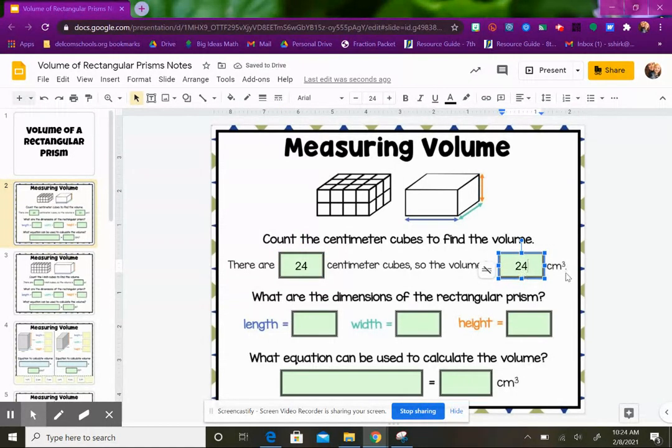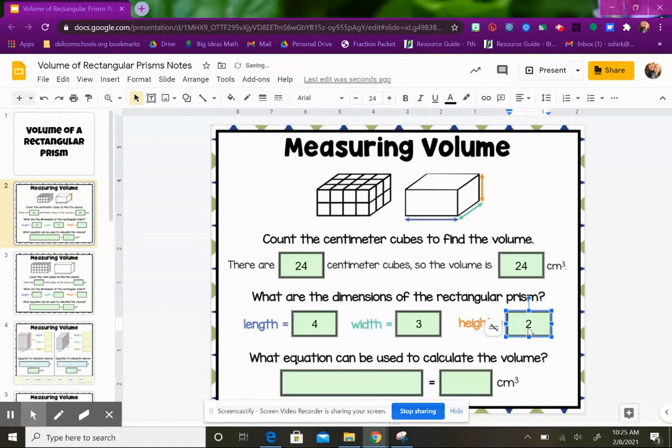And notice I used that word cubic, meaning that little 3 there. And so we talked about how to find that. I consider this the length just for myself. Length is the one going left to right, so there are 4 units that way. So 4 is the length. The width is 3 back, and the height is 2 units.